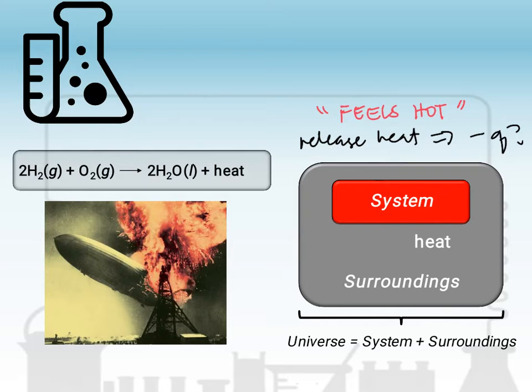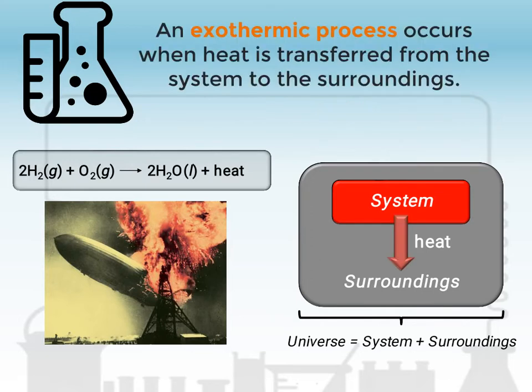Okay? O, teka lang. Makakalimot tayo. Ano ba yung specific na tawag dito sa mga reactions na ganito? These types of reactions which release heat or transfer heat from the system to the surroundings are what we call exothermic processes or exothermic reactions.